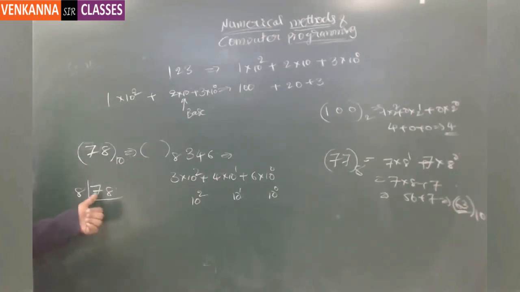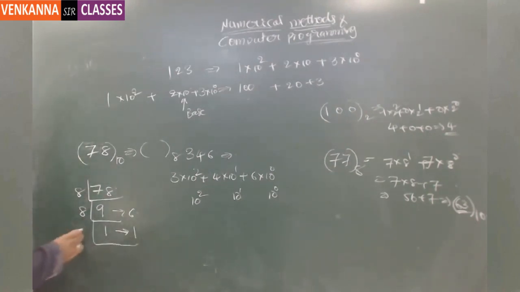Now you have to divide 78 by 8. So 78 by 8 is 9 times, and the remainder is 6. Got it? Now again you divide 9 by 8, and this goes once and the remainder is 1.